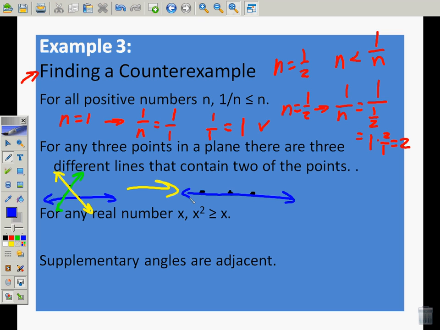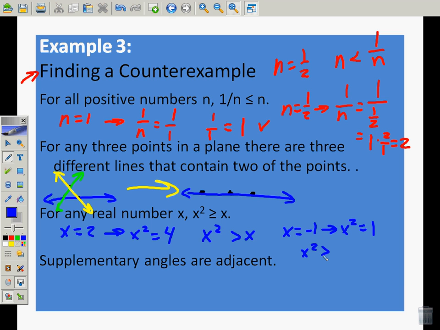Okay? What about for any real number x, x squared is greater than or equal to x. So let's say x is equal to 2. Then it follows that x squared is equal to 4. So x squared is greater than x. But what about if x was negative 1? Then it would follow that x squared was equal to 1. So x squared would be greater than x.